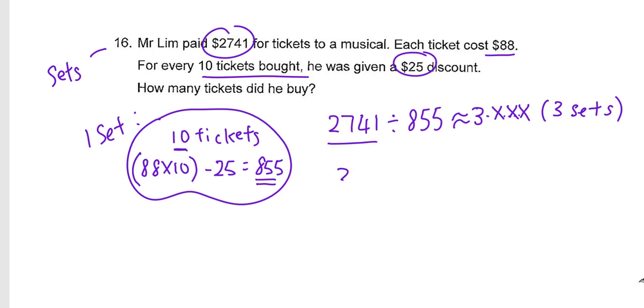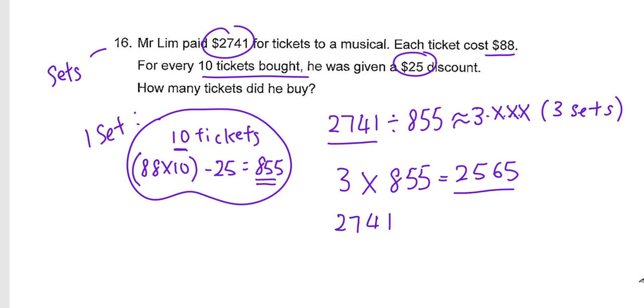So let's find out in these 3 sets, how much did he have to pay? Now we know that one set is 855, so 3 sets will be a total of 3 times 855. I get 2565. But he didn't just pay that, right? He paid 2741. Now 2741, take away the 3 sets, and I have a remaining of 176.